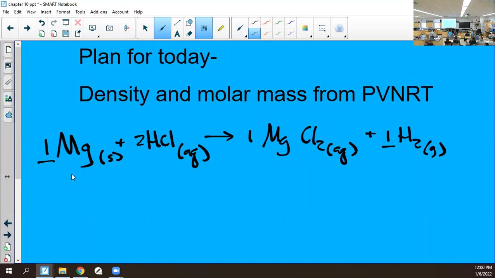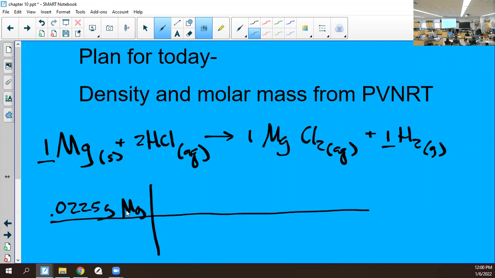So I would take my, I'll do it the long way, 0.0225, I think is what I said, grams of Mg. Then I would have taken the molar mass of Mg, which was 24.3 grams of Mg per 1 mole Mg.